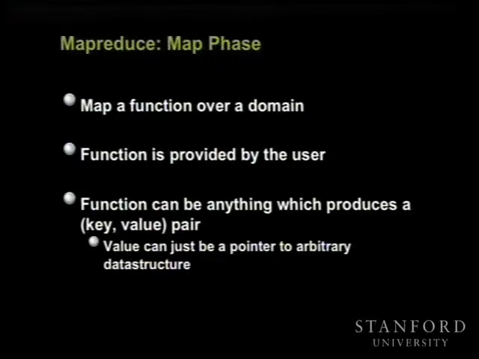So the most common example people bring up for MapReduce, certainly in the Google context, is, okay, I'm going to give each web page in the whole web to one particular map task. And so it's going to go through the text of that web page, and for each word, it's going to output a key value pair where the key is the word and the value is 1.